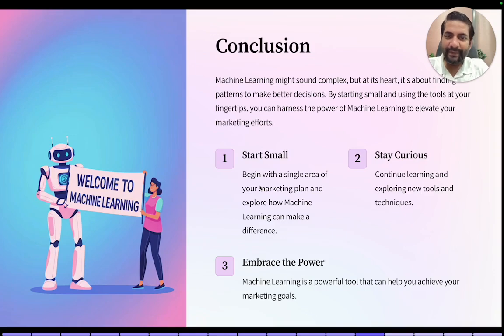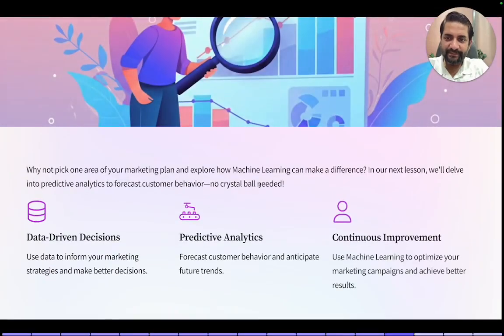So you start small, begin with a single area of your marketing plan and explore how machine learning can make a difference. Stay curious, ask questions, keep learning and exploring new tools and techniques. You embrace the power. Machine learning is a powerful tool that can help you achieve your marketing goals. Why not pick one area of your marketing plan and explore how machine learning can make a difference?